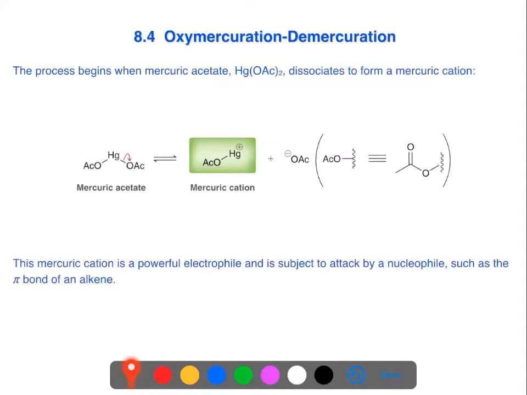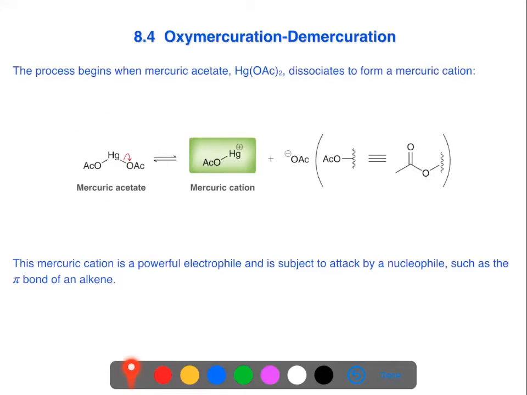The process begins with a specific reagent known as mercuric acetate, given by the formula Hg(OAc)2, where OAc represents the acetate group, and we have two of those groups attached to the mercury center.